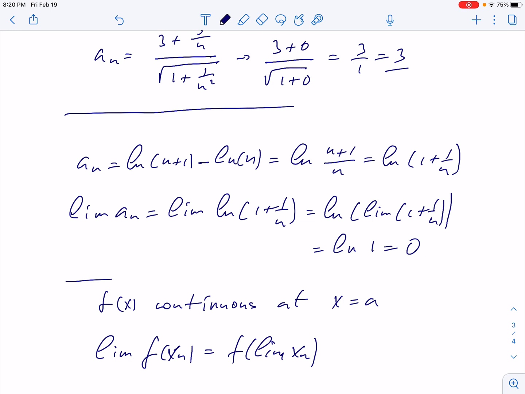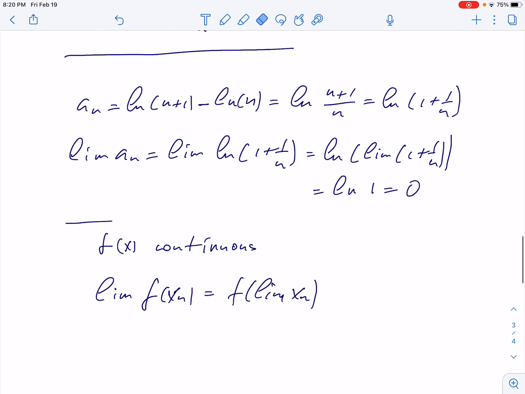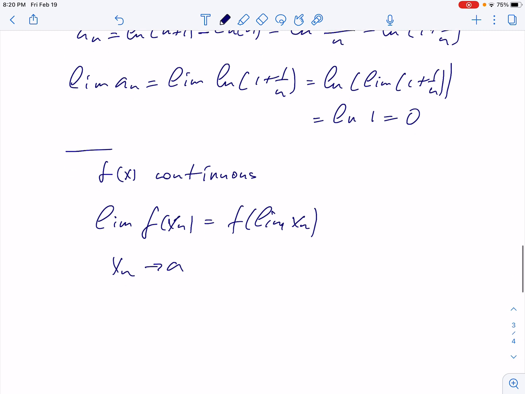Suppose x sub n approaches a, so limit f of x sub n will be, the limit x sub n goes inside, f of a.